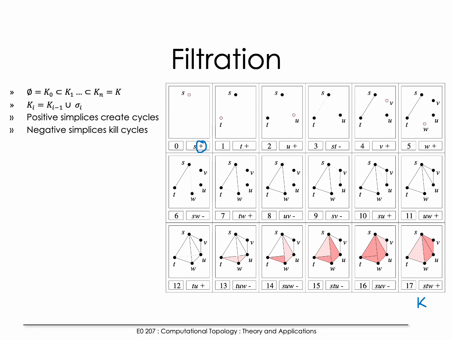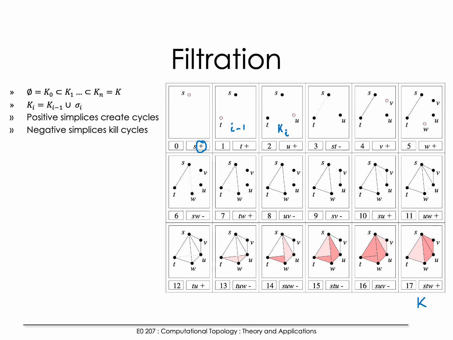So now you will notice that the way the boxes are set up, the box tells us what simplex is going to be inserted. So this is step I minus 1, and you are inserting sigma I to give you K sub I. Right, so I take my earlier comment back.